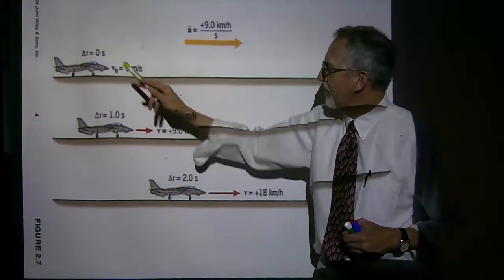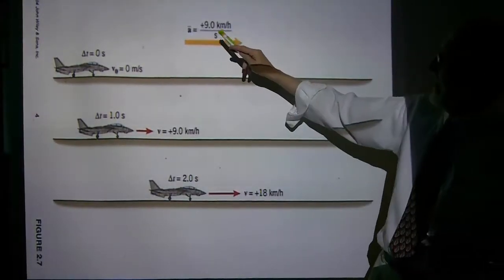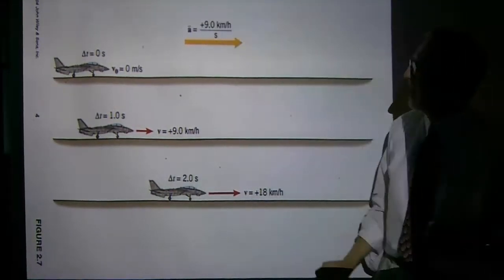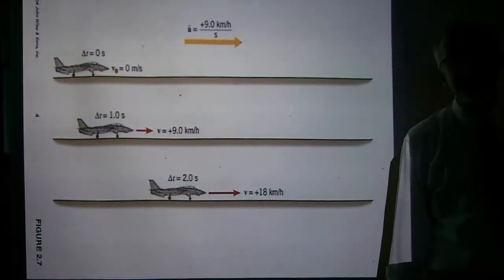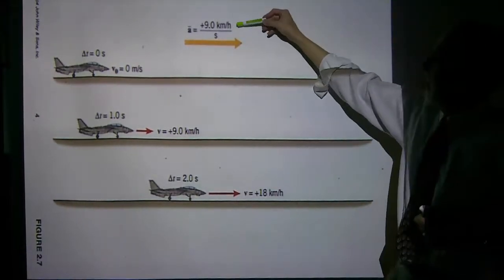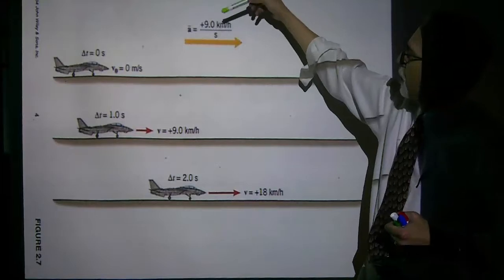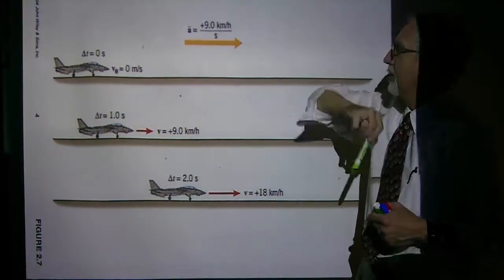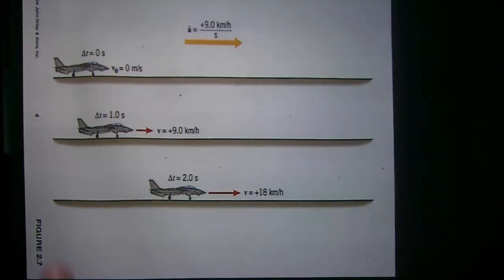Delta t is 2 seconds. The acceleration is then 18 kilometers per hour divided by 2 seconds. So here they've actually given the average acceleration as 9 kilometers per hour per second. Not exactly nice units, but the important thing is, notice we have a distance per time per time. So those would be appropriate units for acceleration, just not standard SI units.